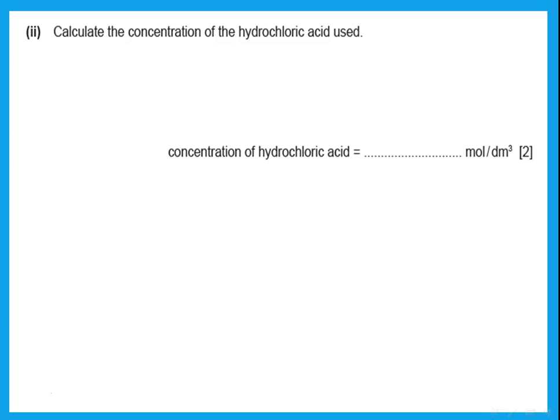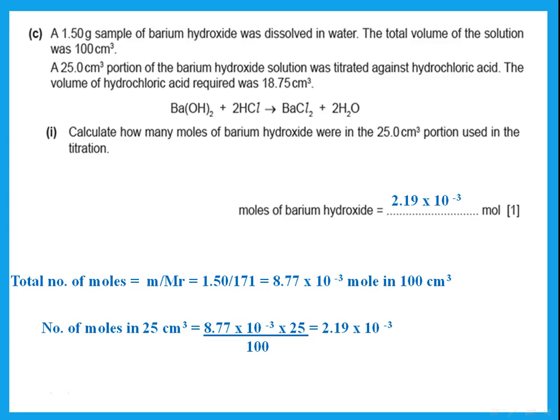Then concentration. I now have the number of moles, and we're asked to calculate the concentration of hydrochloric acid. What did he say about hydrochloric acid? He said I have 18.75 cm³ of hydrochloric acid.